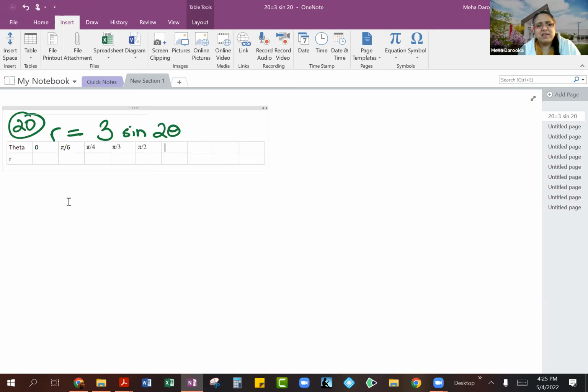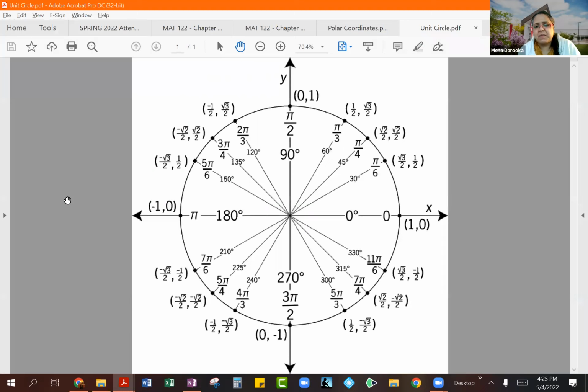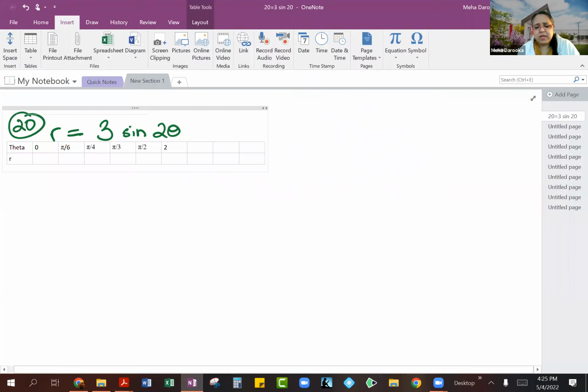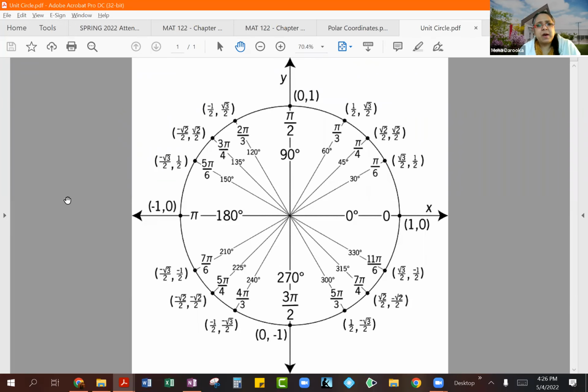And if needed, you could, as in one of the examples we had seen, skip the pi over 4 and go with the others. You can do that if you want, or for now, since we're just figuring this out, we'll keep those. Then we get into 2 pi over 3, 3 pi over 4, 5 pi over 6, and then our last one here should be pi.